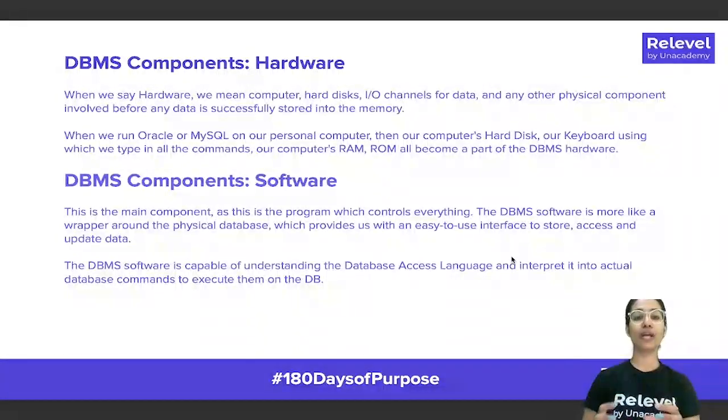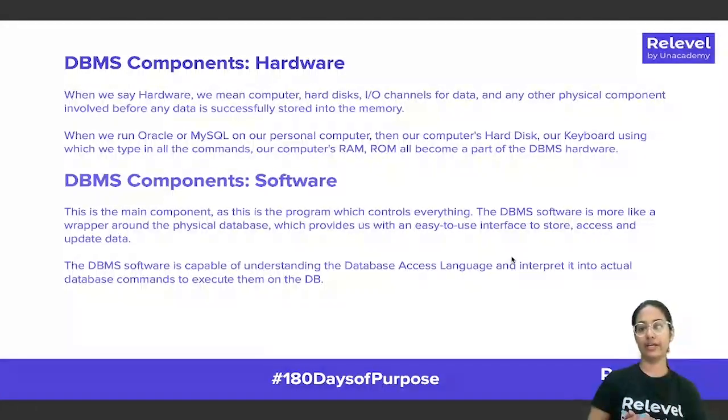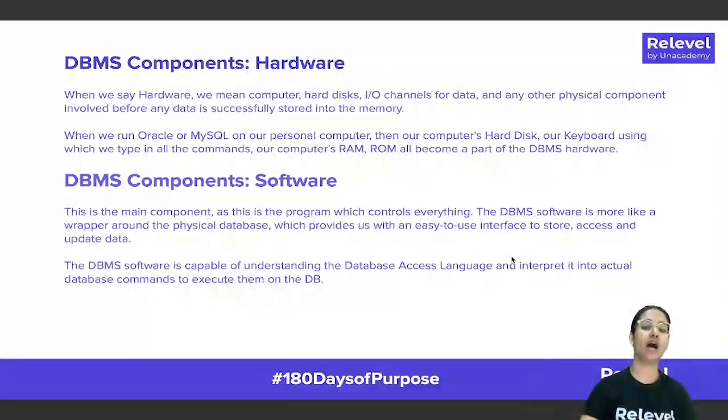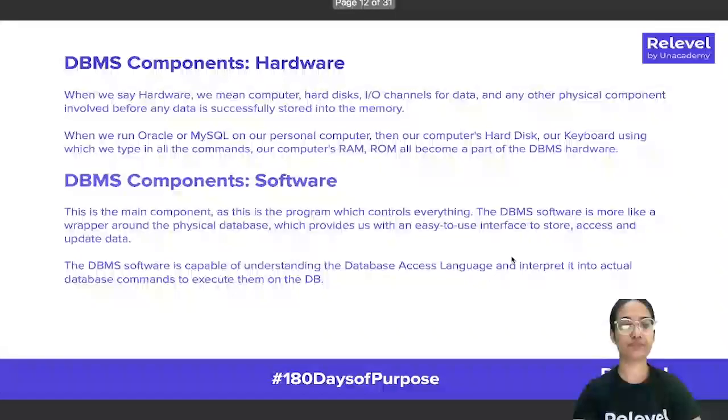Any physical component which is involved in the working of the database management system software basically makes up the hardware for it, okay? Like I'm using keyboard, so I have to write my queries using keyboard. So keyboard becomes a hardware for DBMS, right? If I'm installing the software, it's going to take up some of my computer memory. So the RAM and the ROM basically become part of computer hardware. So that is what we mean when we use the word hardware over here.